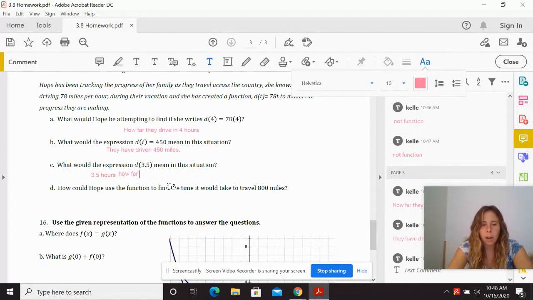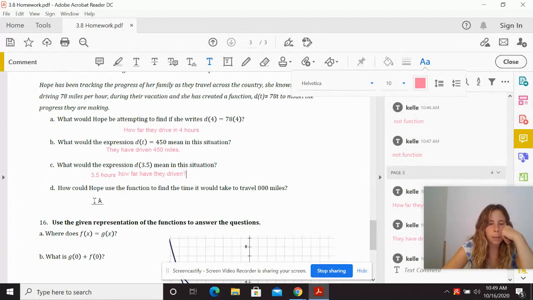How far have they driven? Right, so it's been 3.5 hours. How far have they driven? So you substitute 3.5 in for t and then solve.